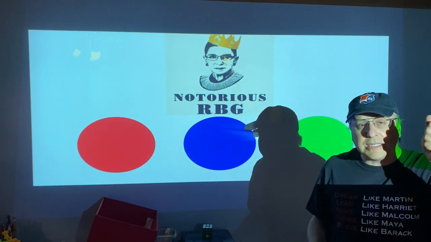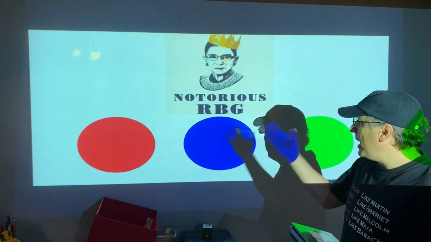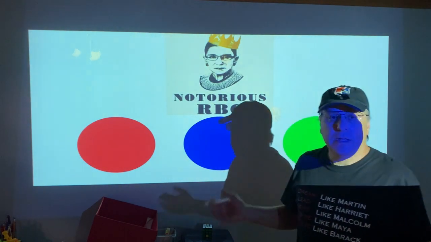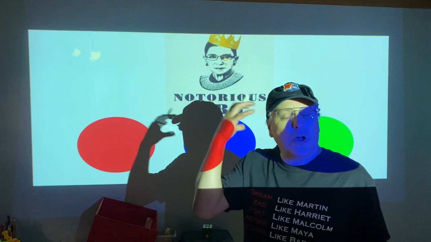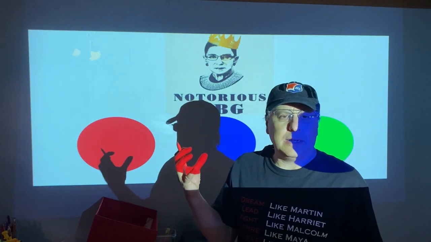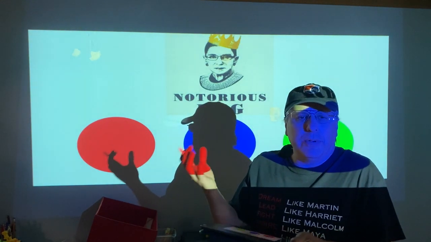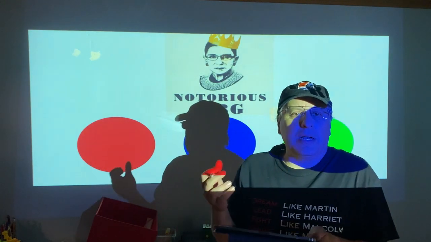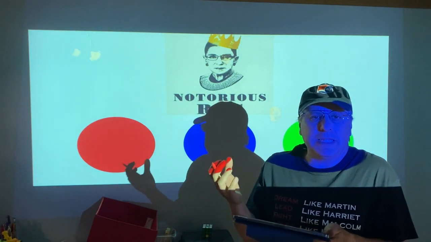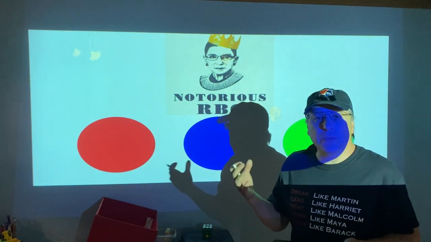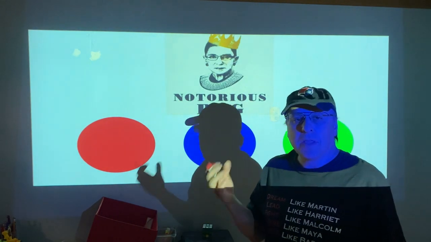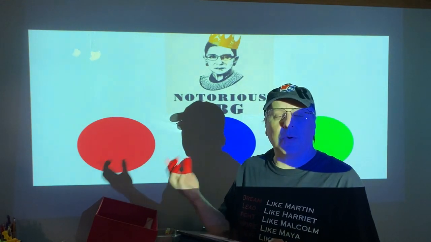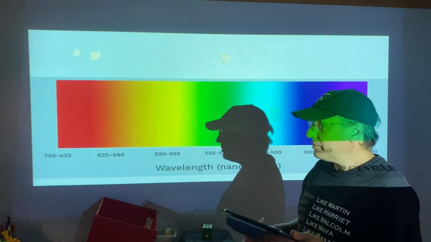Our brain processes these as red, blue, and green. Realize this is only something that happens in our brain. Red, blue, and green, and all the other colors are not really something that we could say are real. They're just the way that our brain reacts to certain frequencies or wavelengths of light.